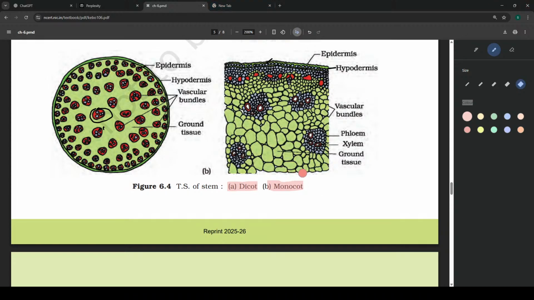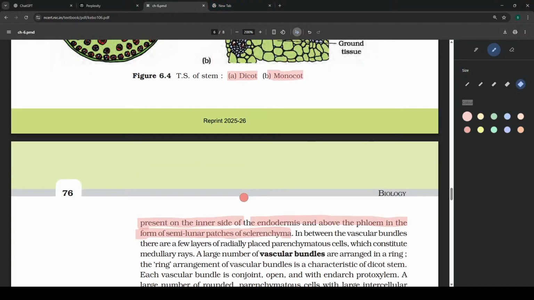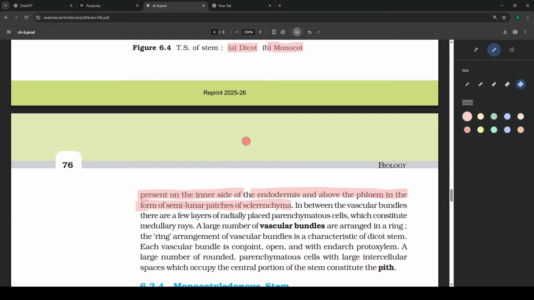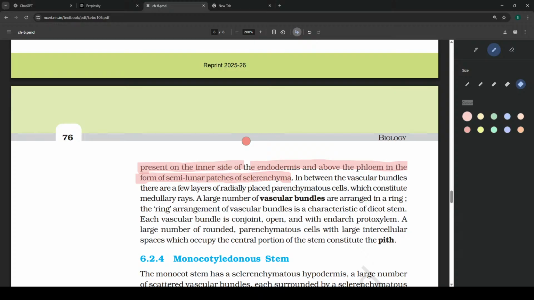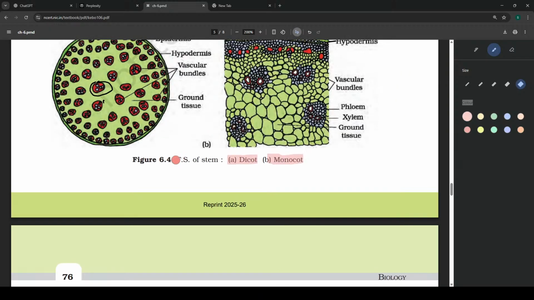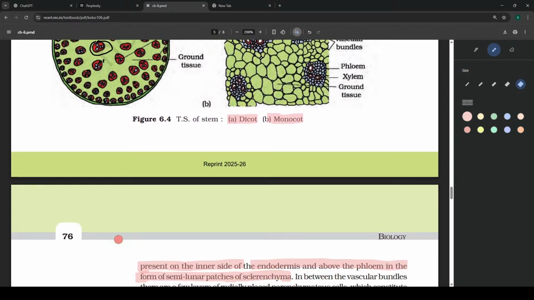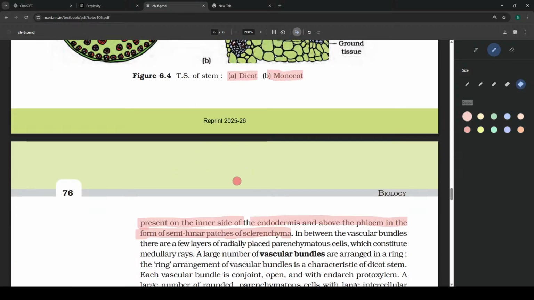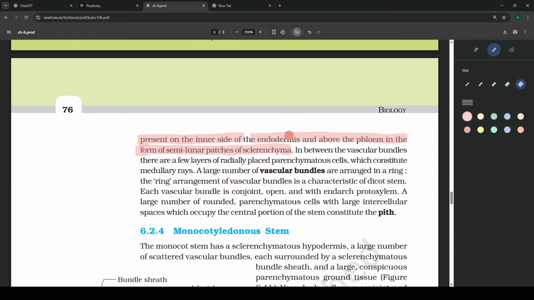Pericycle is there, and it is present above the phloem tissue, in the form of semilunar patches of sclerenchyma tissue. Pericycle is made up of sclerenchyma tissue, in the form of semilunar patches.